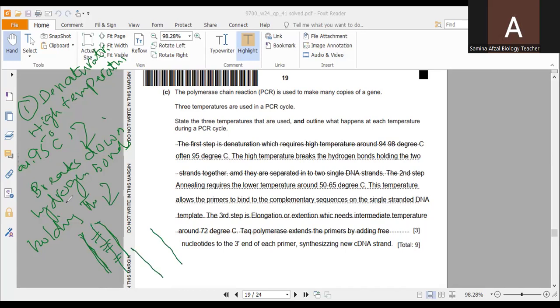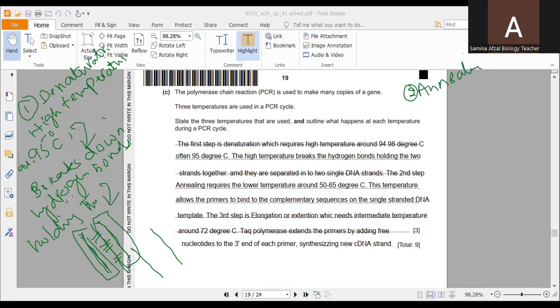And the second step is annealing. The two strands of DNA are joined together with the help of hydrogen bonds, which occur between the four nitrogen bases, adenine, thymine, guanine, cytosine: two bonds between adenine and thymine, and three bonds between guanine and cytosine.